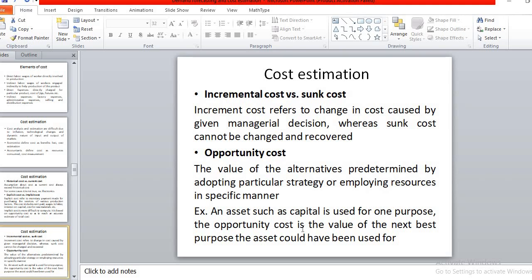So this opportunity cost serves another purpose related to the previous ones.